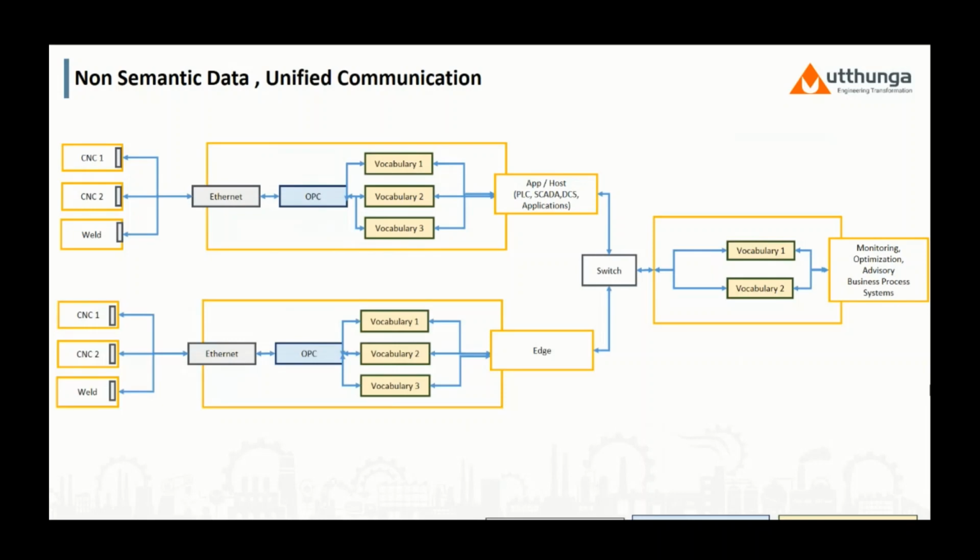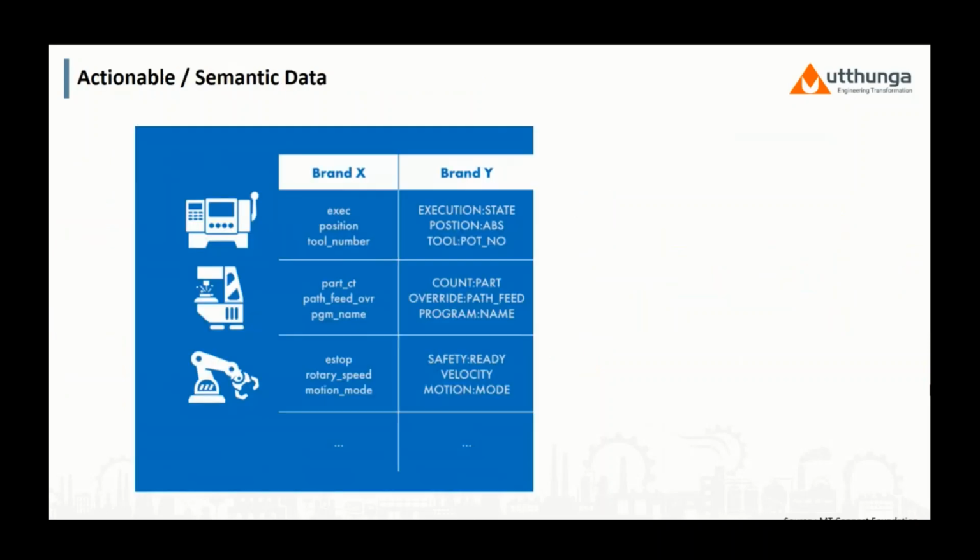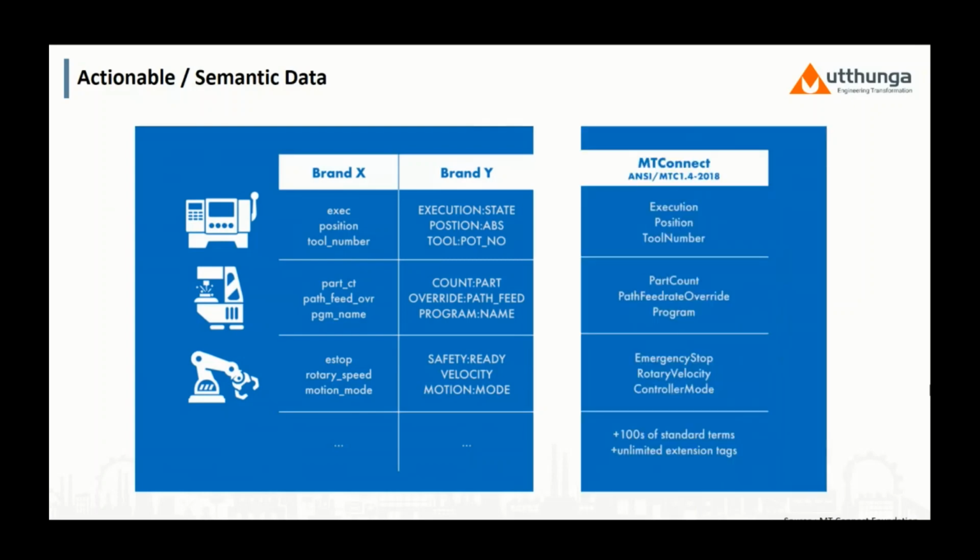And the same thing is applicable on the northbound systems also. Now, if you bring vocabulary into the picture, like brand X and brand Y were talking about the same parameters with different names, let us say we introduce a standard like MTConnect into the system, which says that all welding robot manufacturers or CNC machine makers will use the same name to refer to the same attribute.